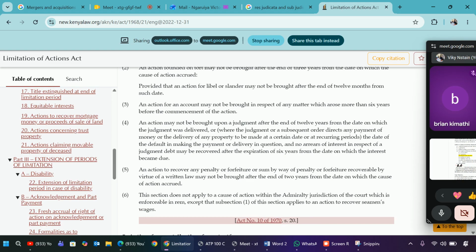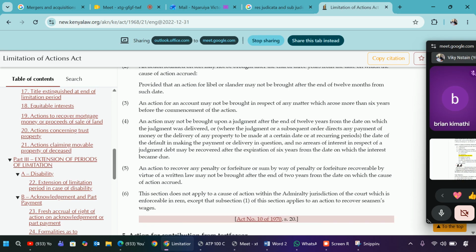5. An action to recover any penalty or forfeiture or sum by way of penalty or forfeiture recoverable by virtue of a written law may not be brought after the end of 2 years from the date on which the cause of action accrued. Okay, so that is an action to recover any penalty or forfeiture or sum by way of penalty or forfeiture.